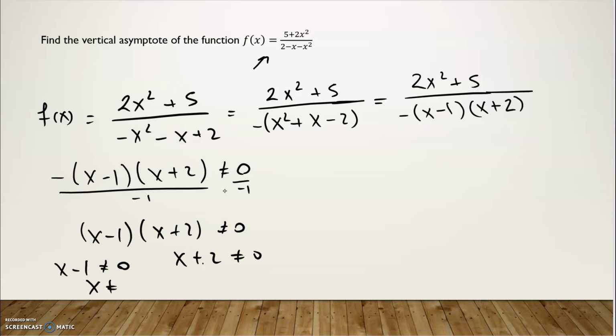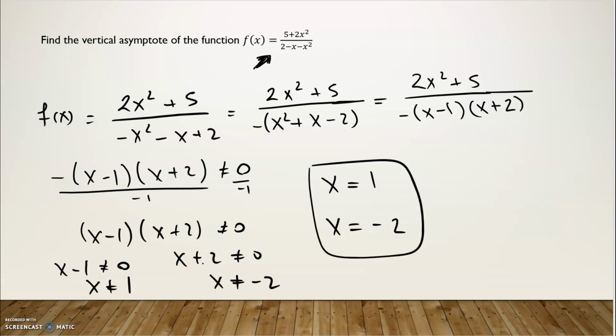So x cannot equal 1, x cannot equal negative 2. They're not asking for the domain, so we don't need to write that. So what we have is an asymptote at x equals 1 and x equals negative 2 for this particular graph. So there's our vertical asymptotes.